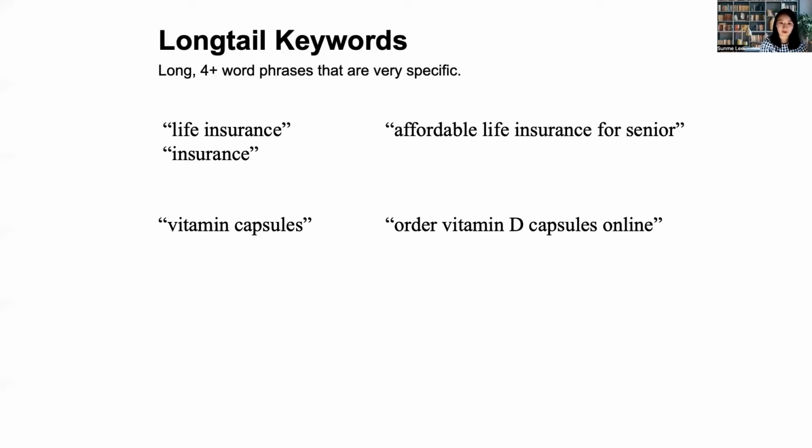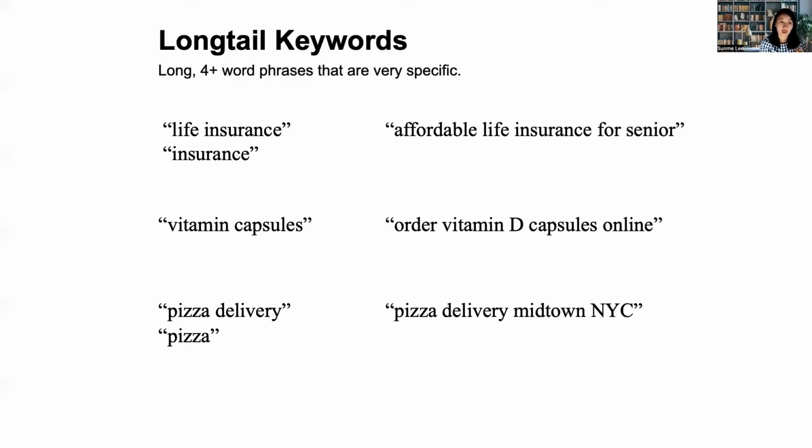Another example: if you run a pizza shop, rather than bidding on pizza delivery or pizza, you can also consider long-tail keywords such as pizza delivery Midtown, New York City. Last one, if you're a law company, instead of bidding on lawyer or law, you can also bid on car accident lawyer in Denver.